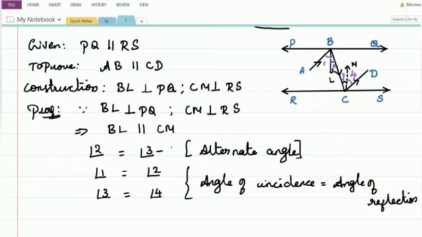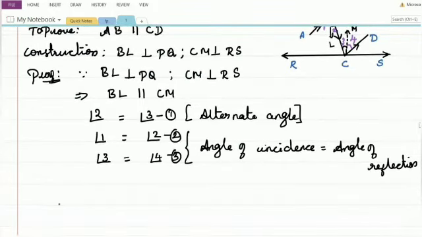So let me mark this equation as 1, this as 2 and this equation as 3. So compare 1, 2, 3. If you compare all the 3, it is known that angle 1 is equal to angle 2, angle 2 is equal to angle 3, angle 3 is equal to angle 4. So obviously all the angles are equal.